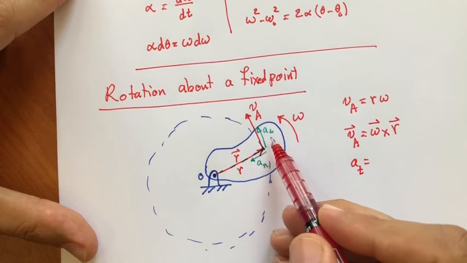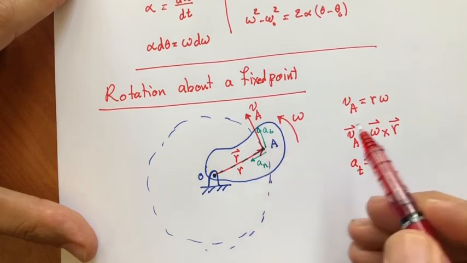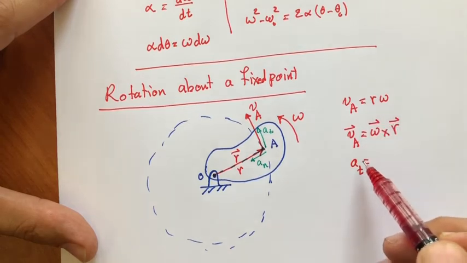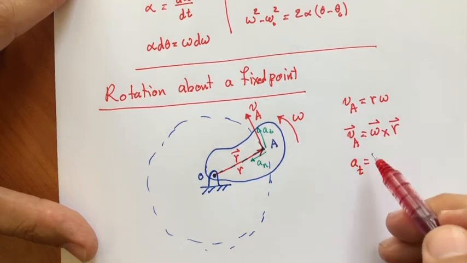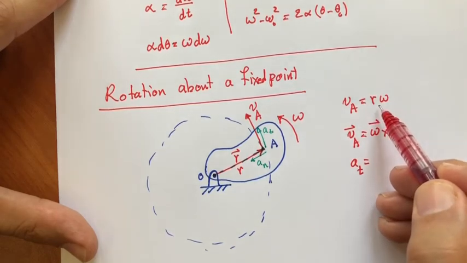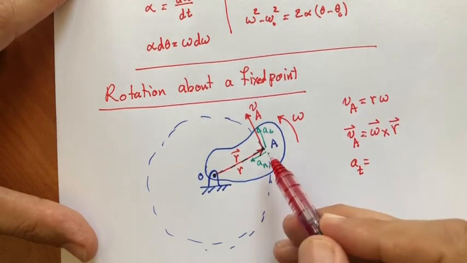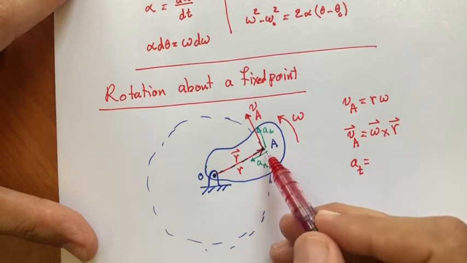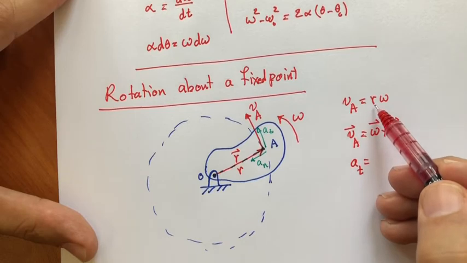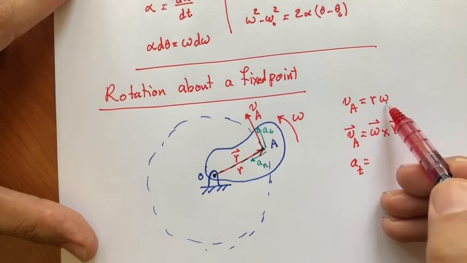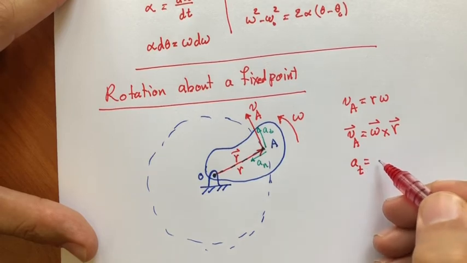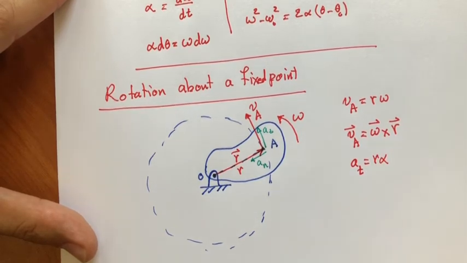If you remember, at is equal to v dot. And how v is changing, if you take a derivative of this, acceleration in the tangential direction is velocity dot, which means derivative of r times omega. R is not changing. R is going to remain constant all the time, right? Because the distance between O and A is not changing. So v dot is going to be r times omega dot, and omega dot means alpha. So acceleration in the tangential direction is equal to r times alpha.